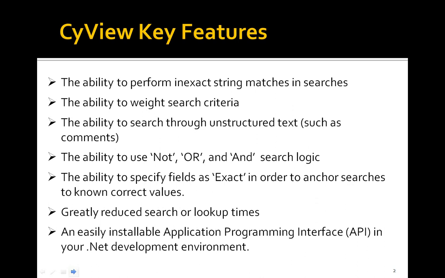You may specify fields as exact in order to anchor searches to known correct values. Greatly reduced search or lookup times are realized with the CyView software. CyView is available in an easily installable application programming interface, or API, in your .NET development environment.